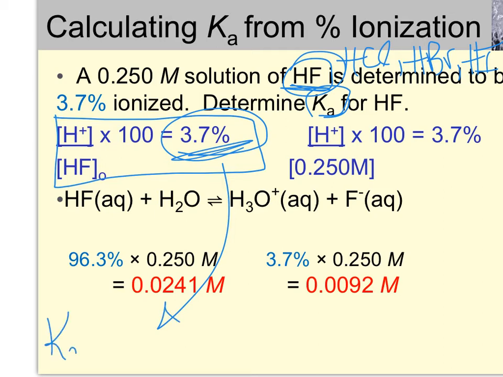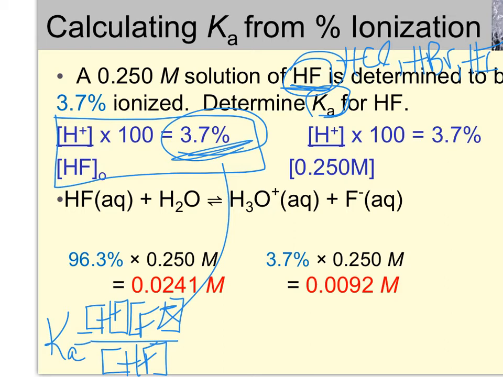So Ka, of course, keeping hydrofluoric acid in mind, would be the concentration of hydronium ion, which I'm just going to shorten to H+, times the concentration of the fluoride ion over the concentration of HF. Of course, since it's K, all the concentrations have to be at equilibrium.